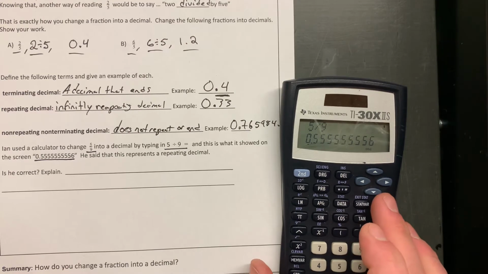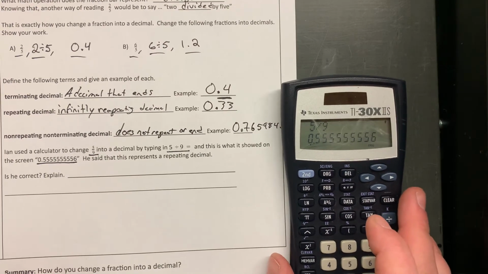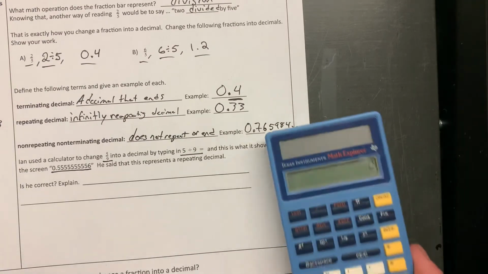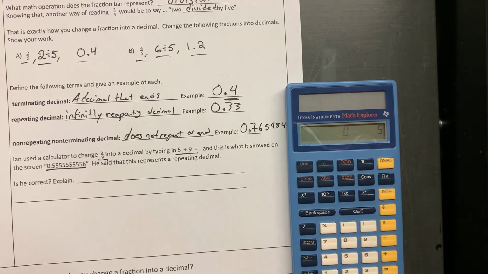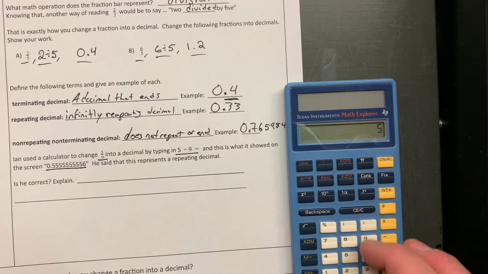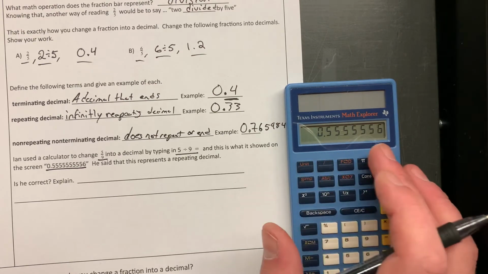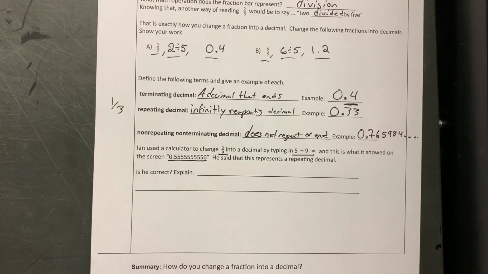Okay. Is this a repeating decimal or is it not? This is a tricky one. You can say that this is a repeating decimal as it does not end, but if I'm looking at it from a different point of view, it also does end. So it kind of depends on the calculator. Some calculators are going to round up that last number, and that's generally what happens.